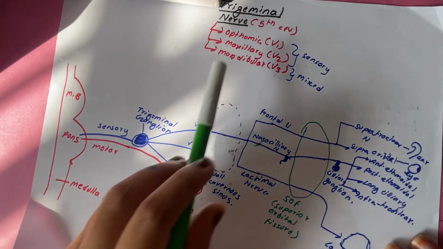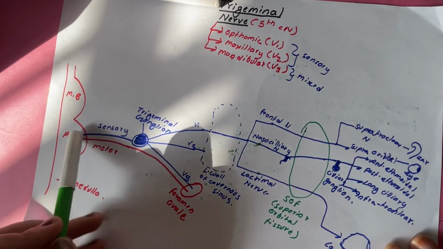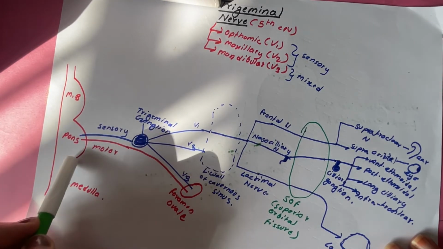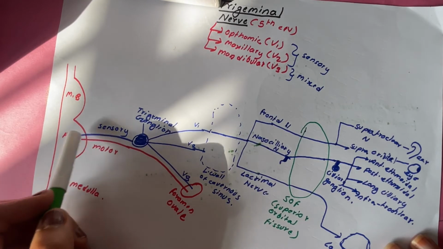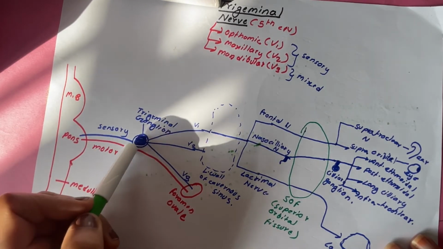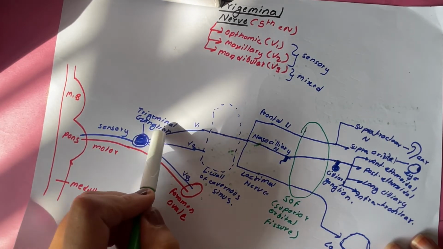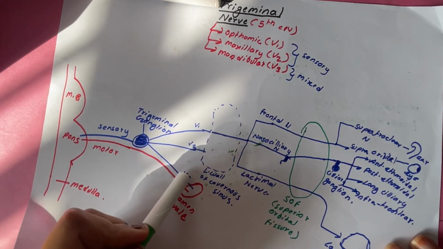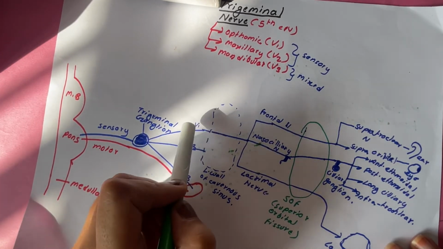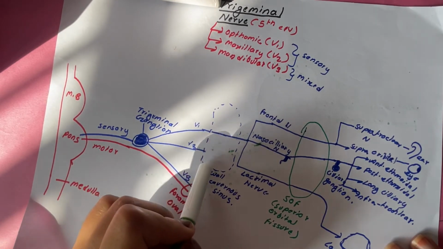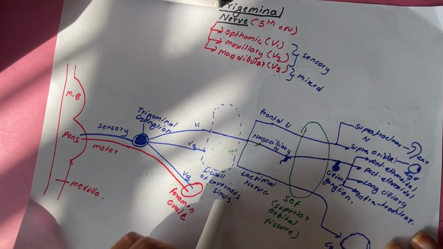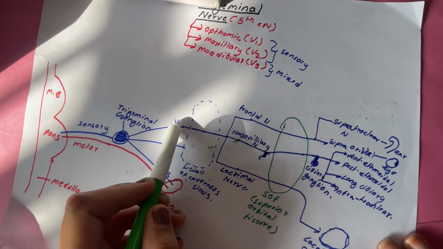The trigeminal nerve arises from the pons, and after passing from the pons, it passes through the trigeminal ganglion and gives 3 branches: V1, V2, and V3. V1, the ophthalmic branch, and V2, the maxillary branch, pass through the lateral wall of the cavernous sinus.